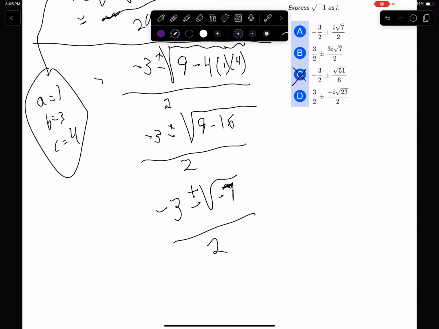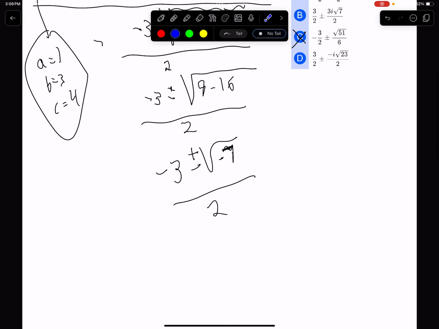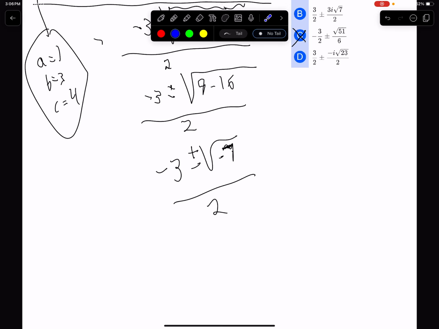So our answers are going to be, well, first of all, when you've got a negative number under the square root, look here, negative 1 under the square root is an i. That's a negative 1 under a square root. If you had a negative 7 under a square root, that's a 7i. Okay? Let's see.